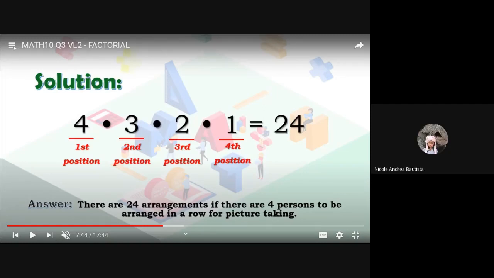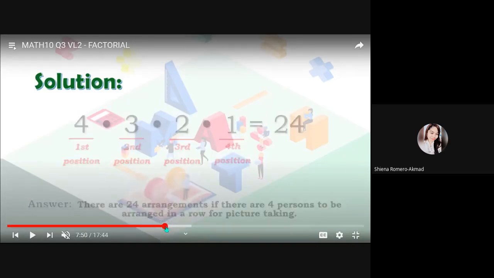Babawasan ng isa. Or let us say that they are consecutive. Decreasing and consecutive. Okay, magkakasunod. Pwede kasing pababa, decreasing, pero hindi naman magkakasunod. So, hindi po pwede yan.